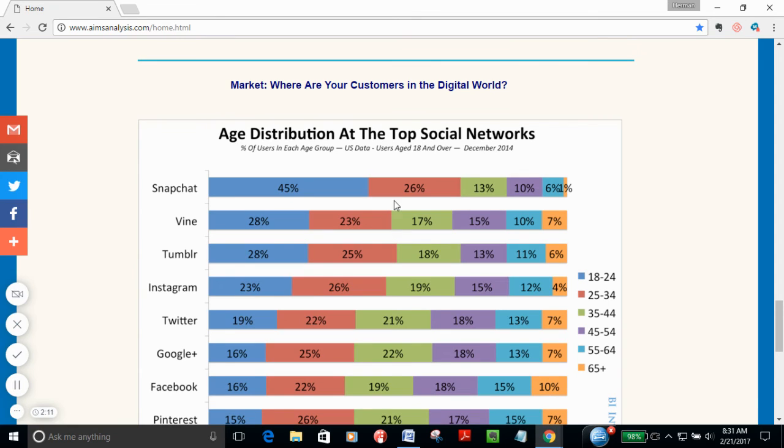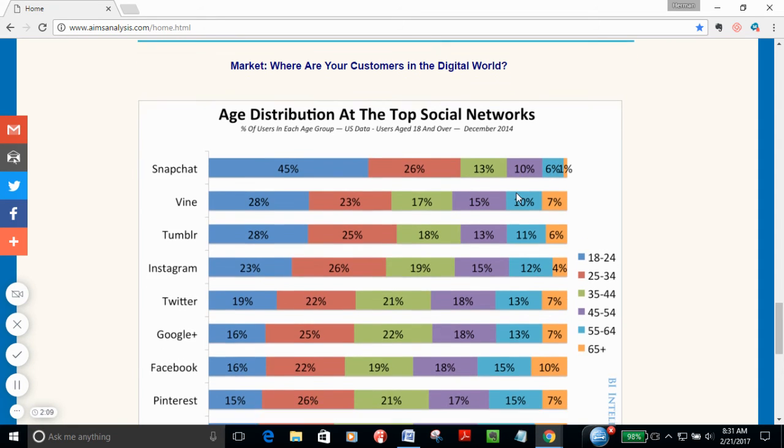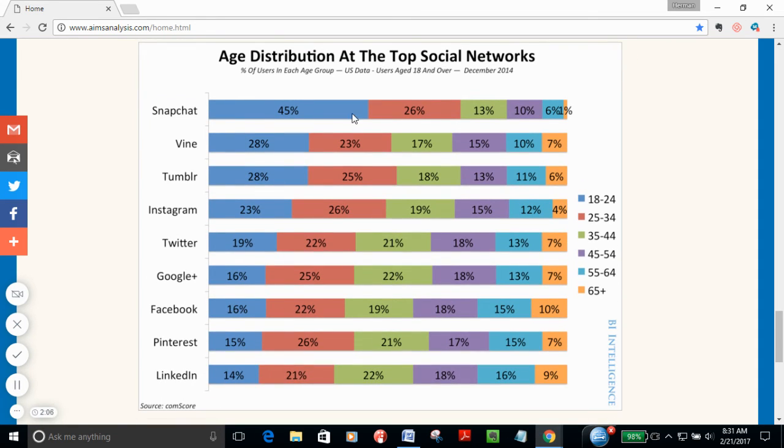Now, where are your customers in the digital world? We have tools, and this tool is by BI Intelligence, that give us some information about who's on particular social media sites, in terms of their age and race and income and these other demographics.